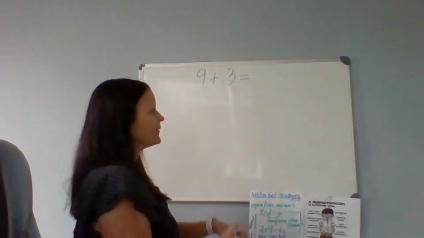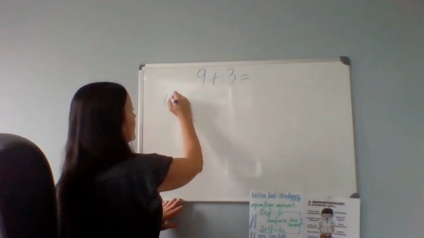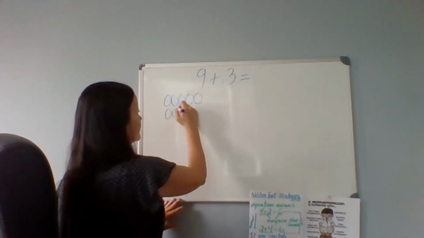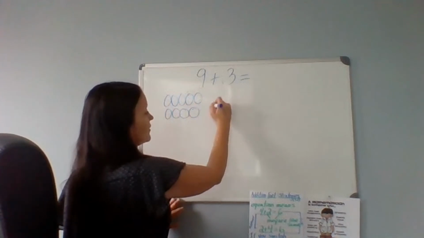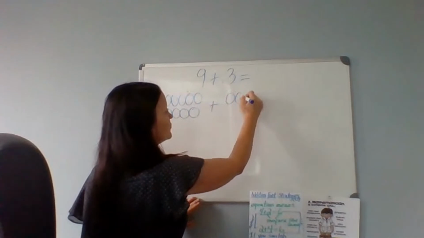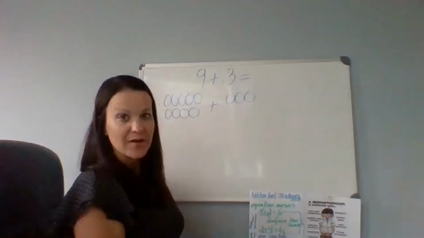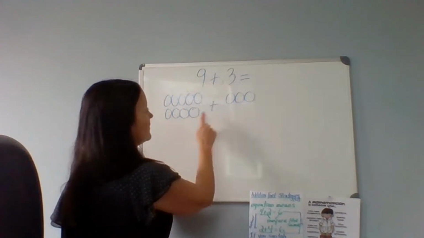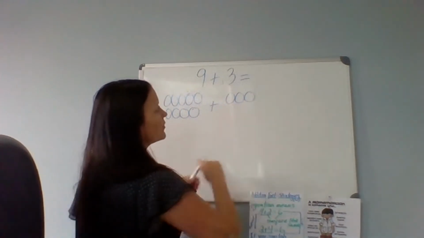I'm going to draw my circles again. 9 circles, plus 3 there. Let's count them up, friends. 1, 2, 3, 4, 5, 6, 7, 8, 9, 10, 11, 12.